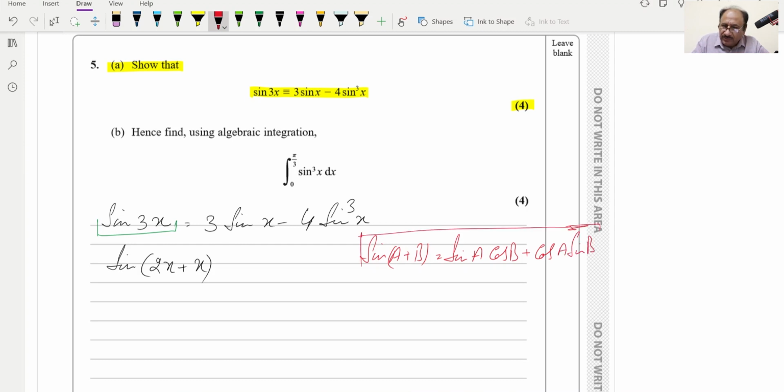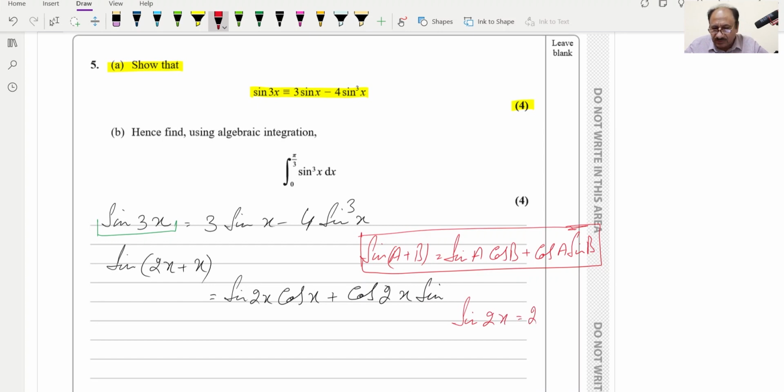So this will be the result which we will be using over here. This will be equal to sine of 2x plus x will be equal to sine 2x cos x plus cos 2x sine x. Now sine 2x is equal to what? Sine 2x is equal to 2 sine x cos x.